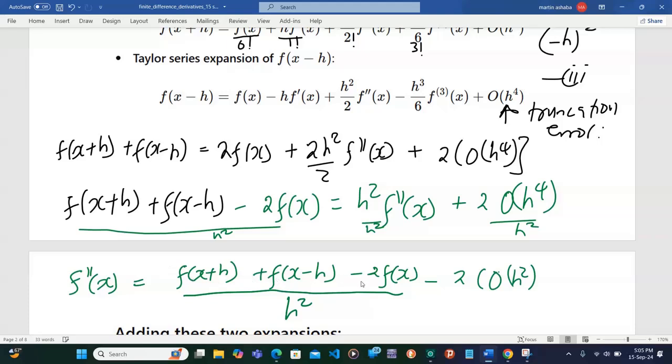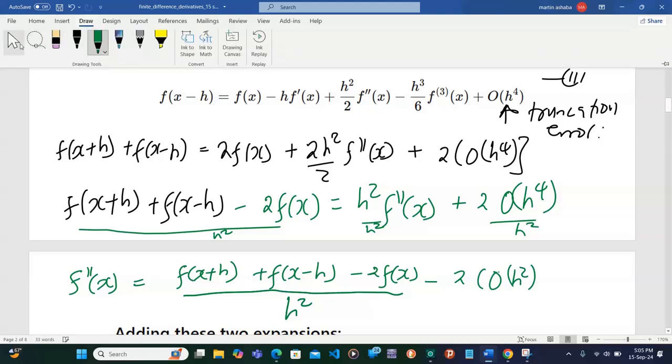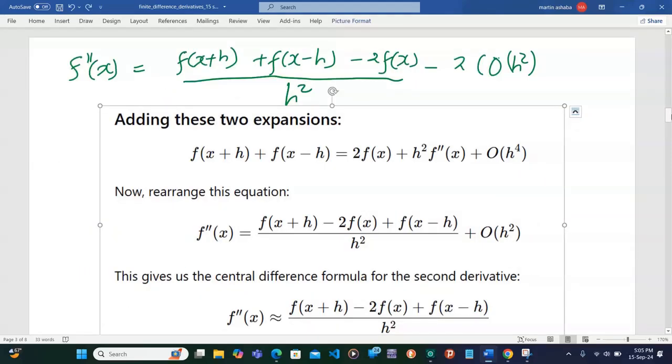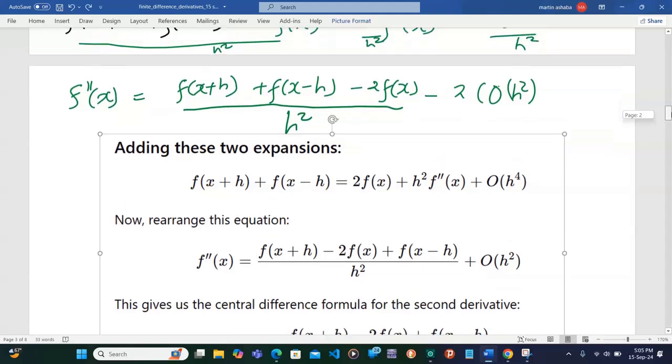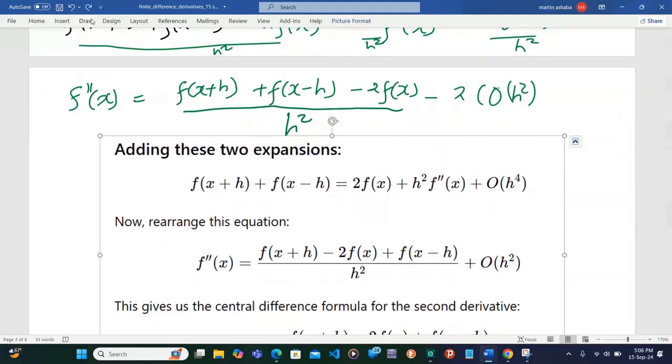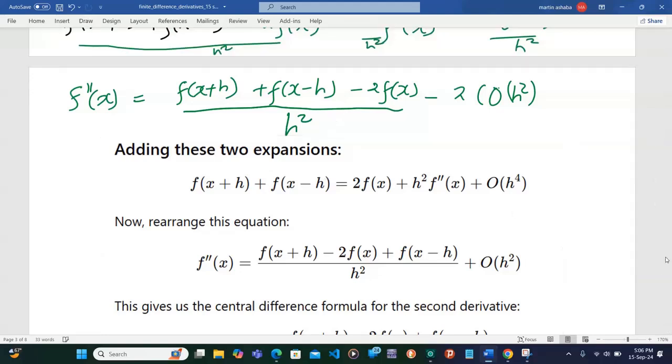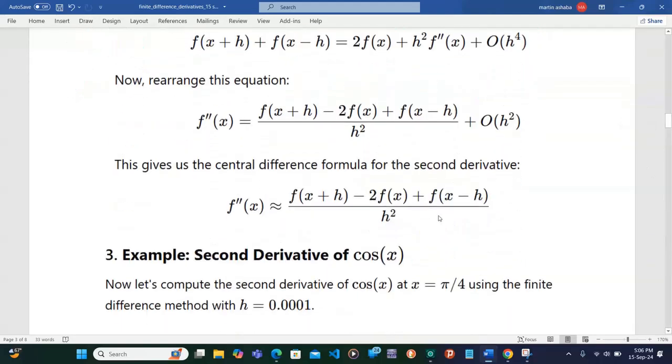So if I can neglect it, I find that finally the central difference for the second derivative is approximately equal to that. And that will be the formula that you're going to be using to calculate the second derivative of any function when we are talking about numerical differentiation.